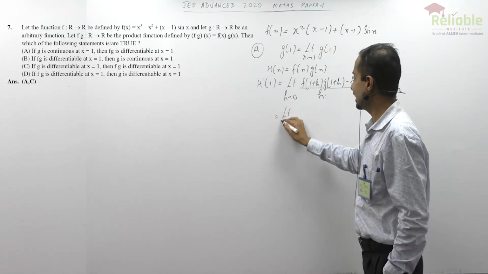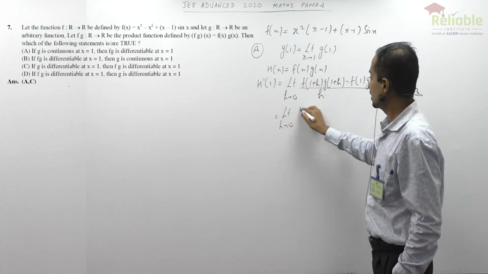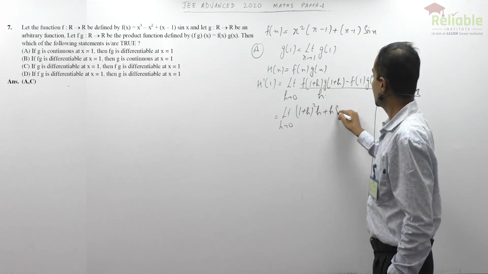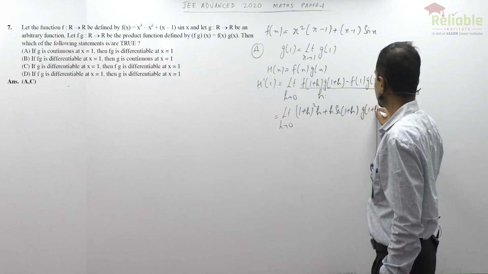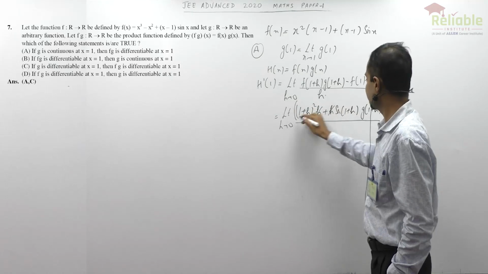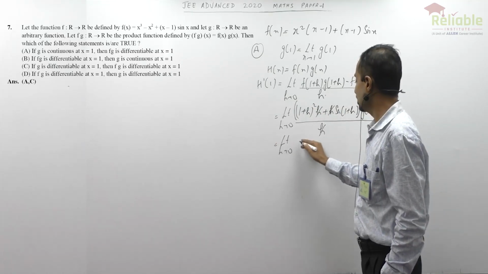So this is h tending to 0, f(1+h) is (1+h) squared times sine of (1+h), g(1+h), whatever it is, by h. The h gets cancelled and we are left with the limit as h tends to 0.